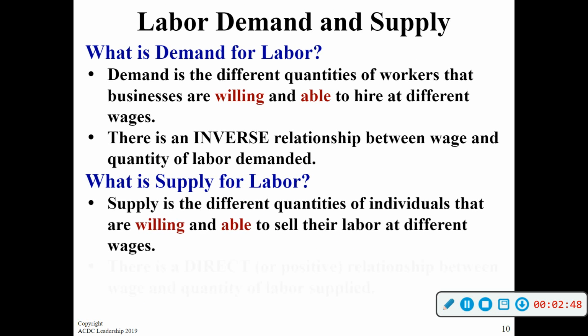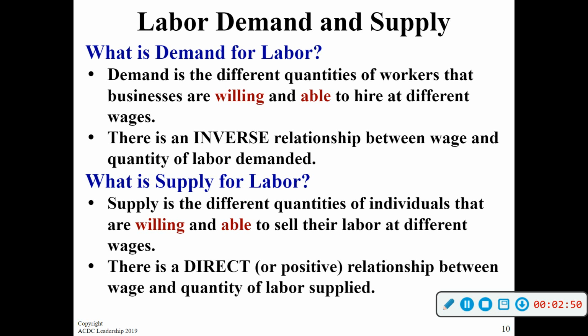But the big takeaway, like I said, is the labor market. Actually, what is the supply and demand for workers in a particular industry? The law of demand, law of supply still exists. So demand's always twofold. You got to be willing and able to demand the labor, but now it's the businesses that are demanding the labor. So the businesses have to be willing and able to hire more workers.